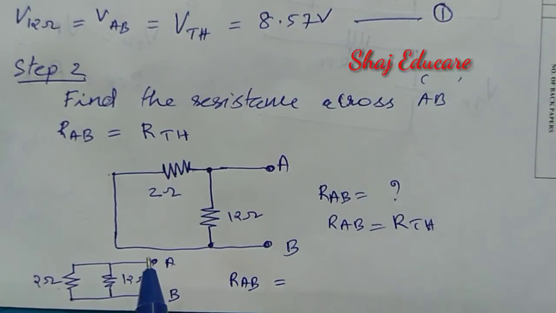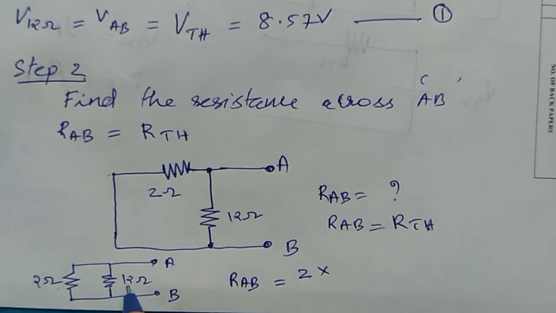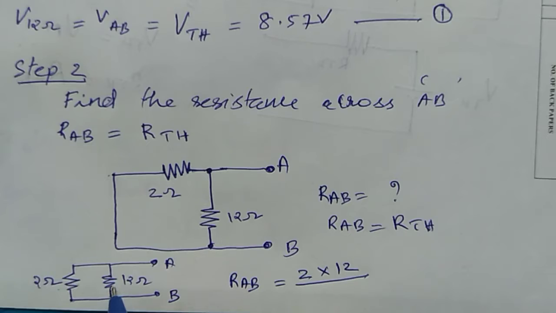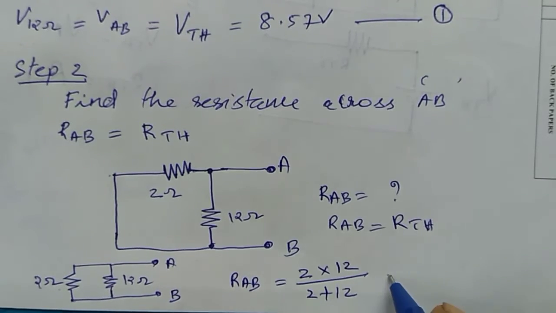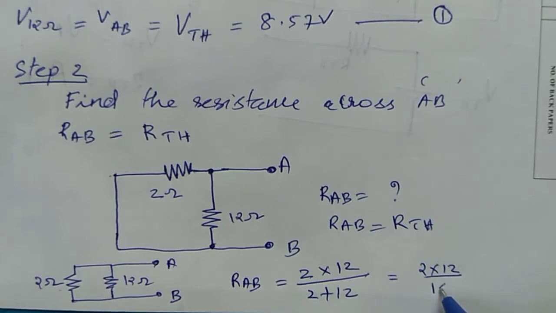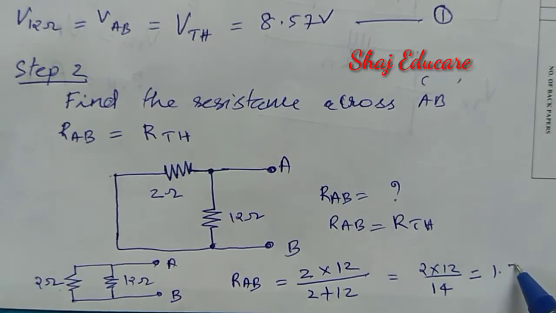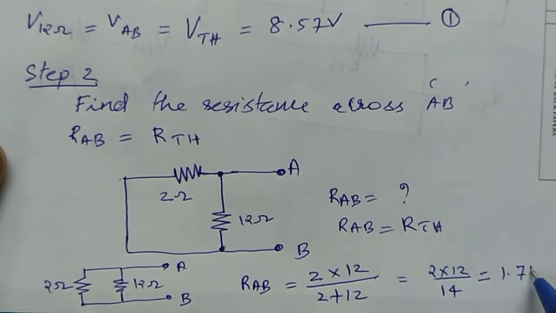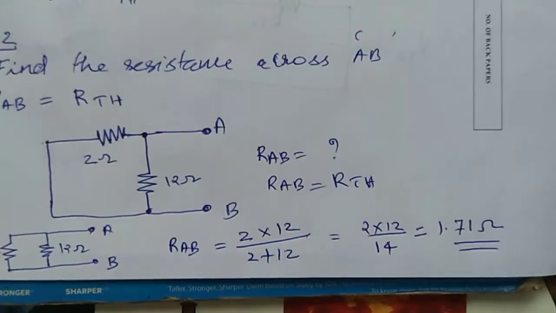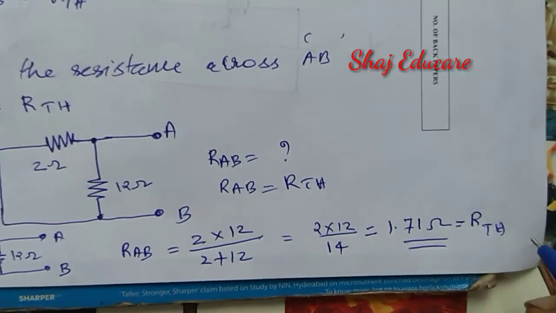In place of R1, we have 2, and for R2 we have 12 ohm, divided by 2 plus 12. That is 2 into 12 divided by 14, and we are getting 1.71 ohm. That will be of course our Thevenin equivalent resistance.